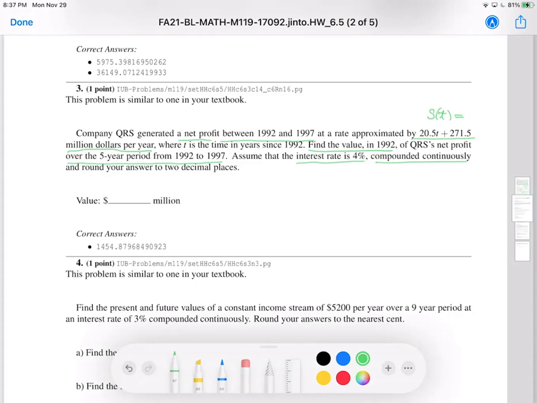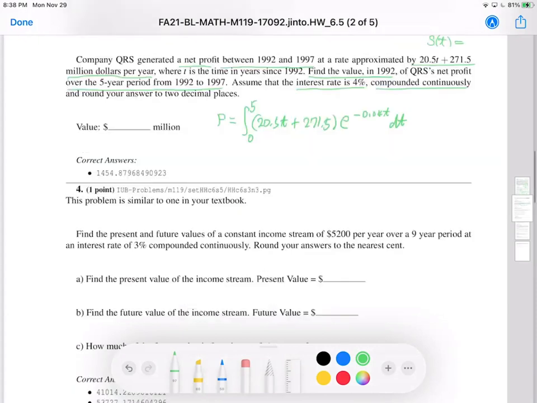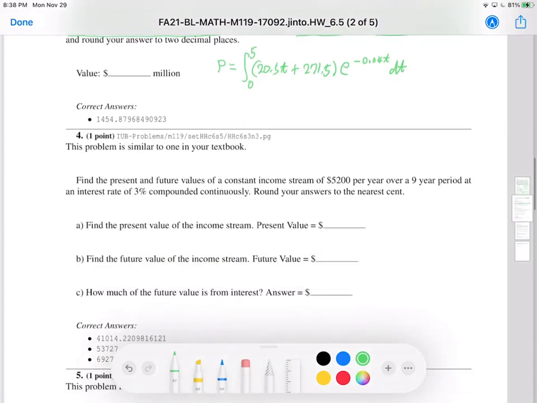So the present value over the 5 years period is the integral from 0 to 5 of S of t times e to the negative, the rate is 4%, t dt. Okay. So use your calculator to compute it.